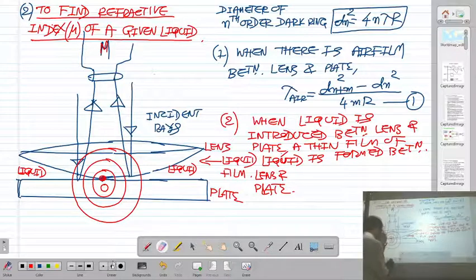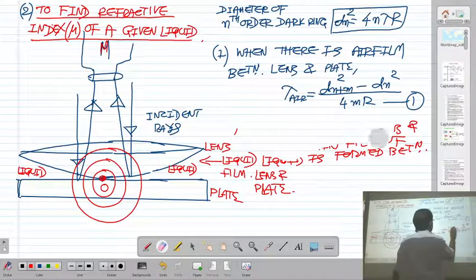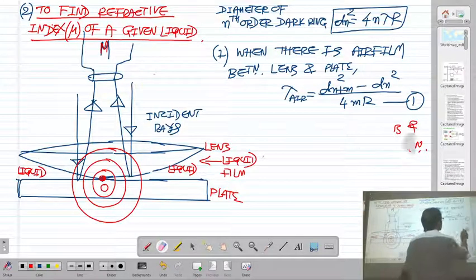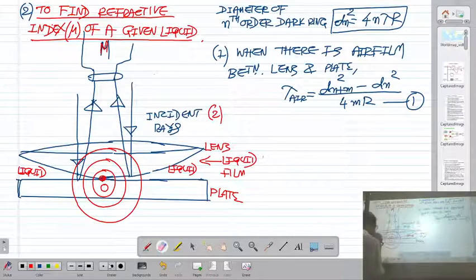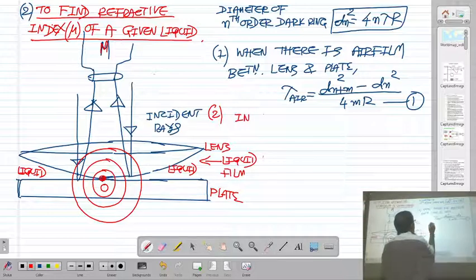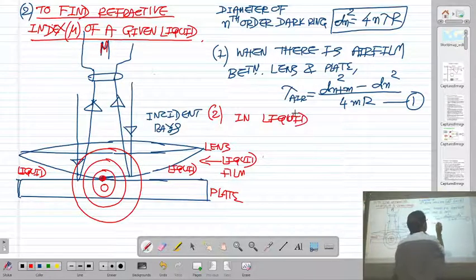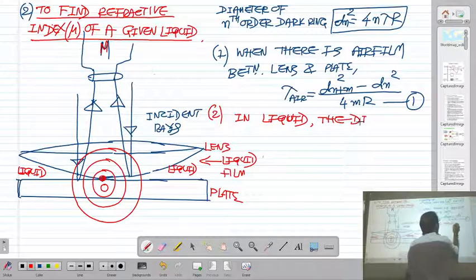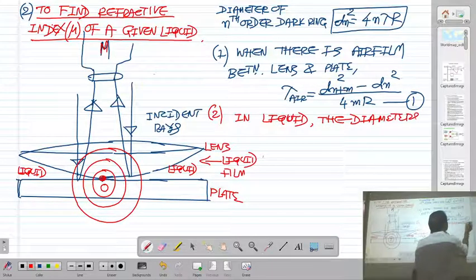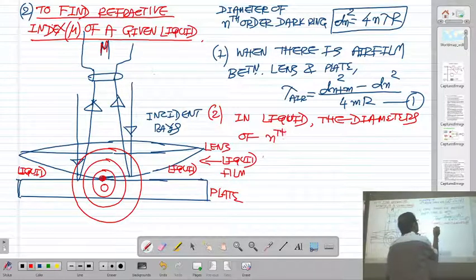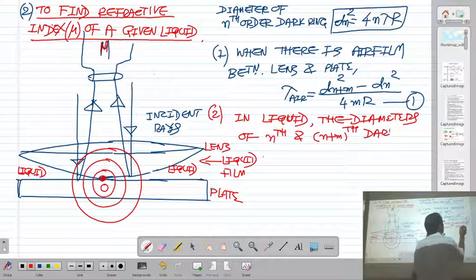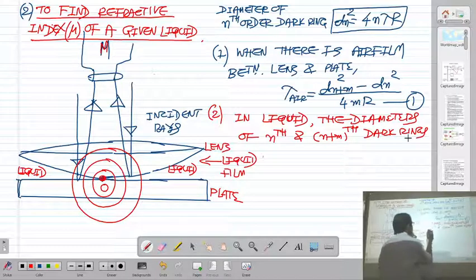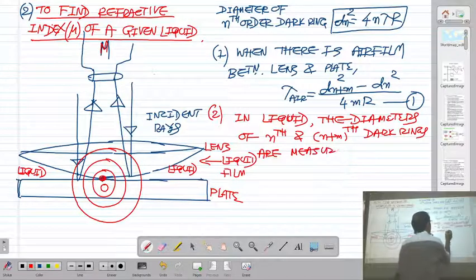That I write. So in the liquid film, the diameters of the nth and (n plus m)th dark rings are measured.